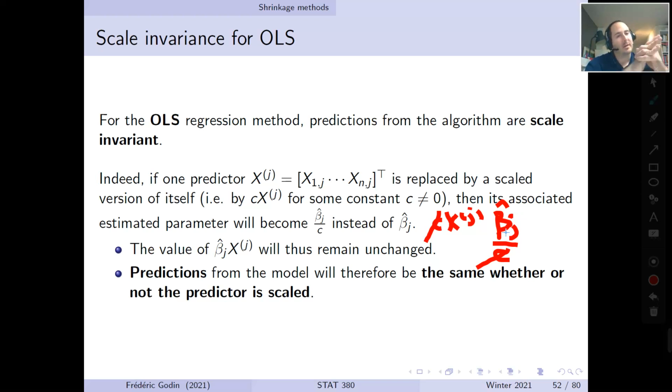So predictions in OLS regression are invariant to the scale of your predictors.